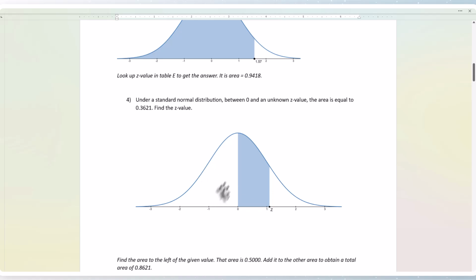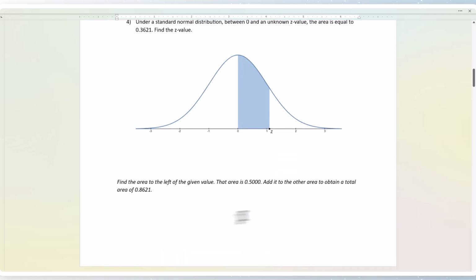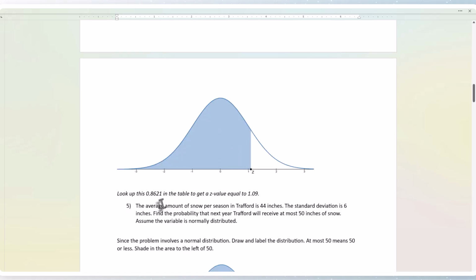So we have to incorporate this area, which is 0.5, with the given area. We add them together to get an area of 0.8621.